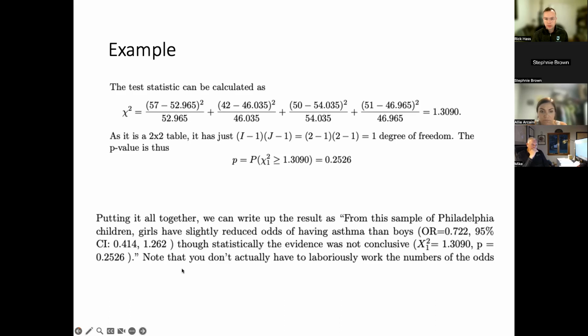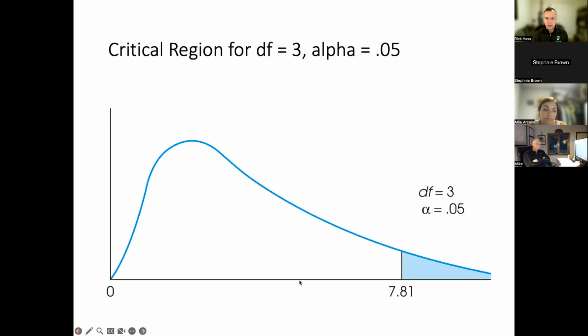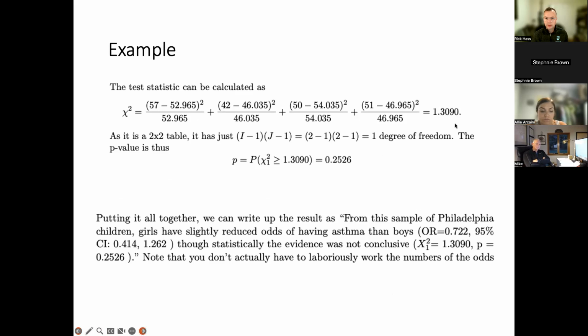So if alpha is 0.05, this p-value is higher. It doesn't meet our criteria. This is akin to being over here, whereas this would be our reject region. This is the accept region. Our test result in this case is in the accept region, right?